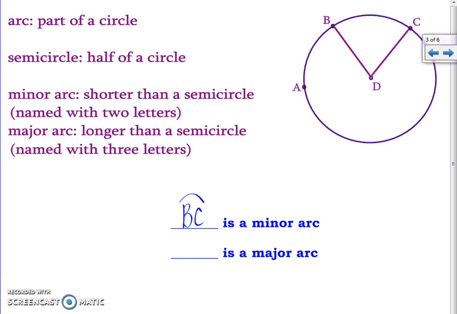And what would we name the major arc? It's either BAC or CAB, but either one would work. And that goes all the way around the larger part of the circle. You have to follow in order, but you can start over here and go around the other way.